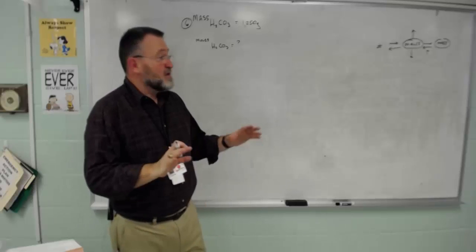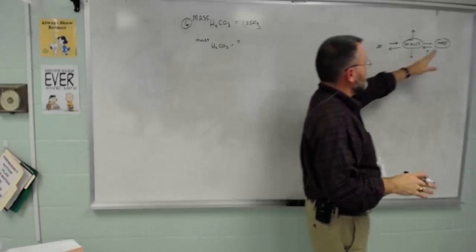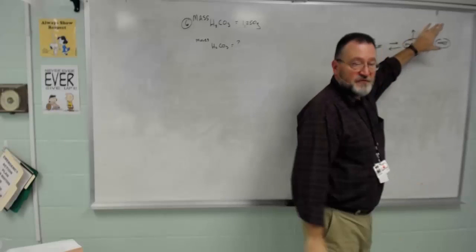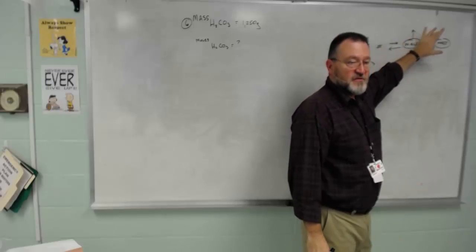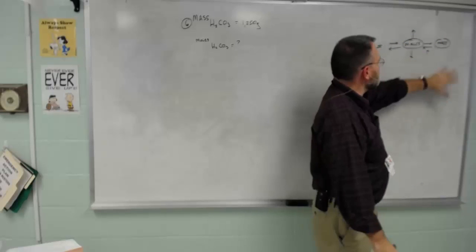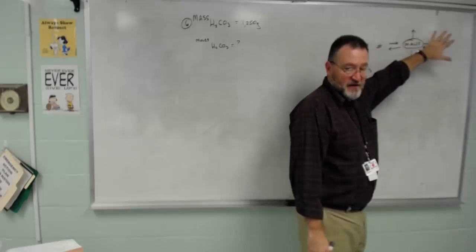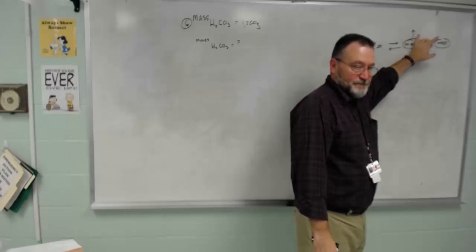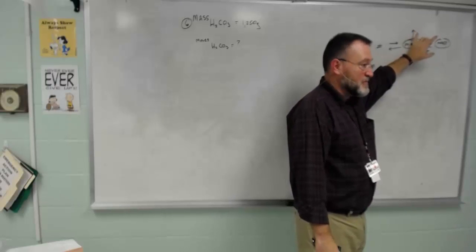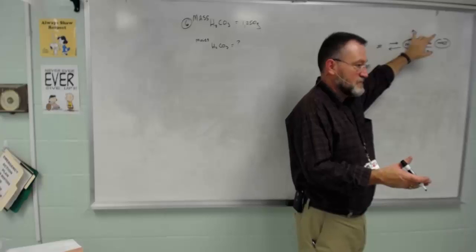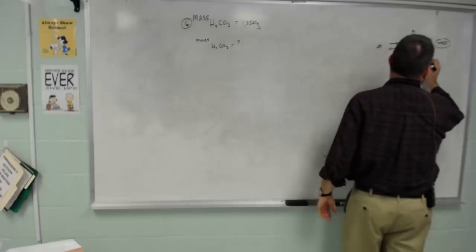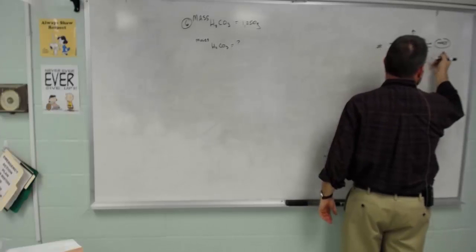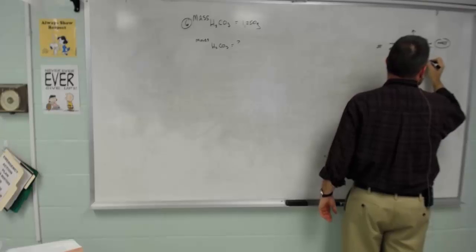Now the key to translate from mass to moles, I've got some information that needs to be in the middle there. Some translational key that takes me from mass to moles. And if you remember from this diagram, that key is what? Does anybody remember? The molar mass, right. The atomic mass or molar mass. In this case, since we're going from mass to moles, it's the molar mass.